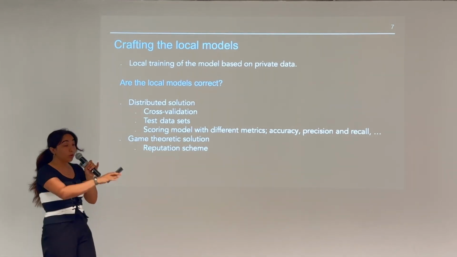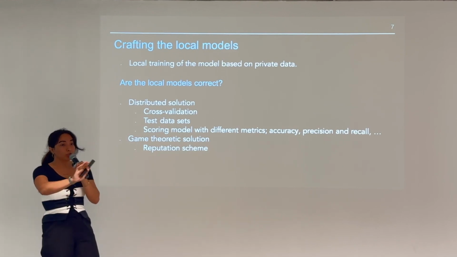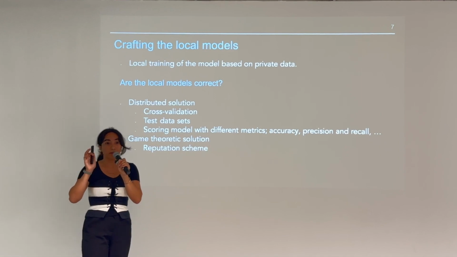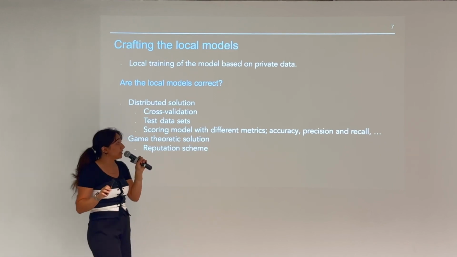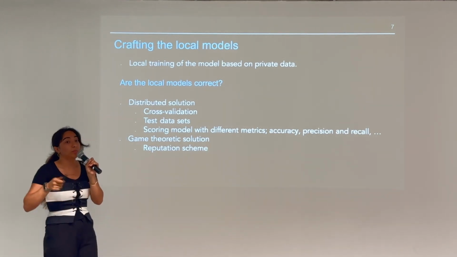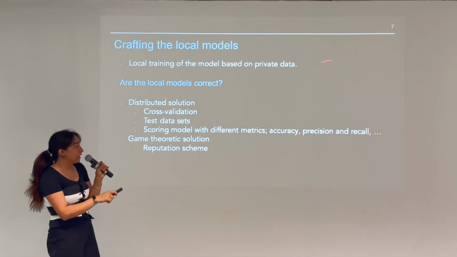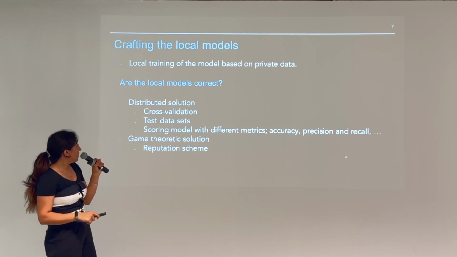We have a global test data set here, and you just run whatever measure and method of getting the accuracy of the model on that, and see if the model is correct or not. This is more or less the same, just using different methods and metrics.